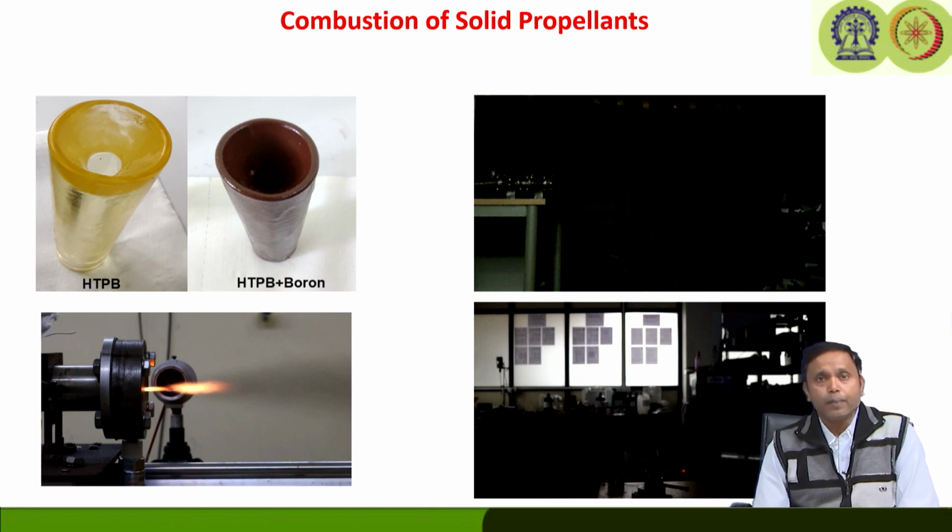Once you ignite any solid propellant sample, what are the underlying processes that happen, starting from the ignition? We need to understand the decomposition behavior of these different types of crystalline oxidizers, because that plays a very important role by providing the oxidizing environment. So, we will look into this one by one.